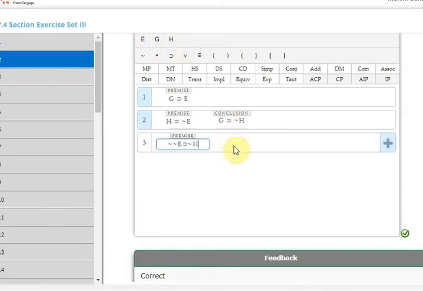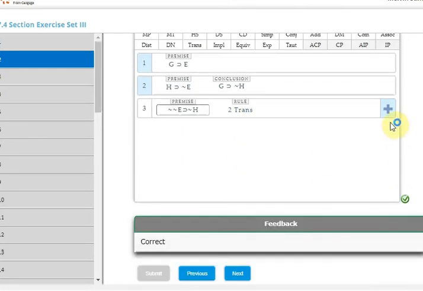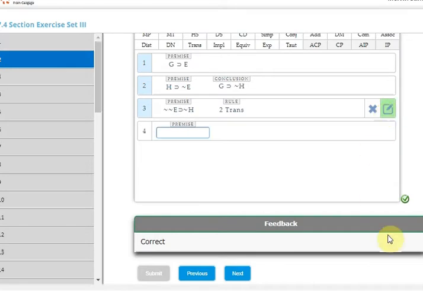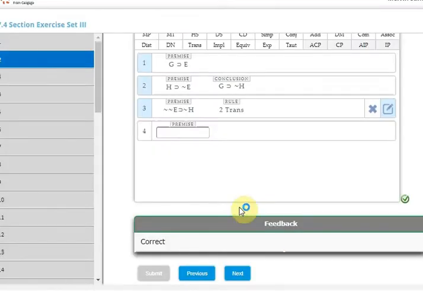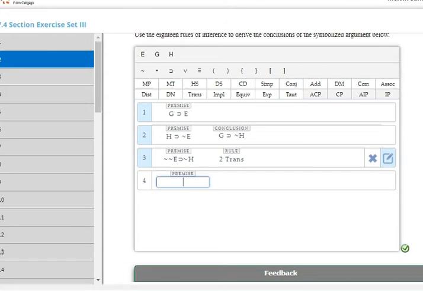And so what we did there is we did a transposition on line 2, and that is fine. That works out fine. Now remember, we have to get rid of the two tildes, and get if E then not H.